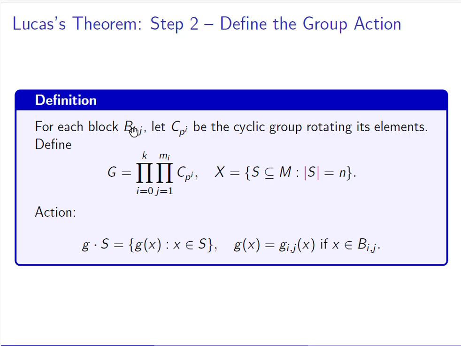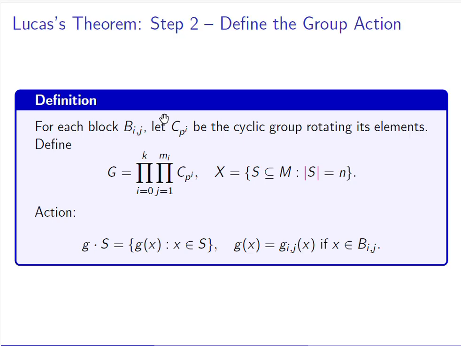So for each block of size p_i, you will let this cyclic group of order p_i act on this block. Remember, this block is a set that contains p_i elements. You're going to let this cyclic group act on this set by permutation.